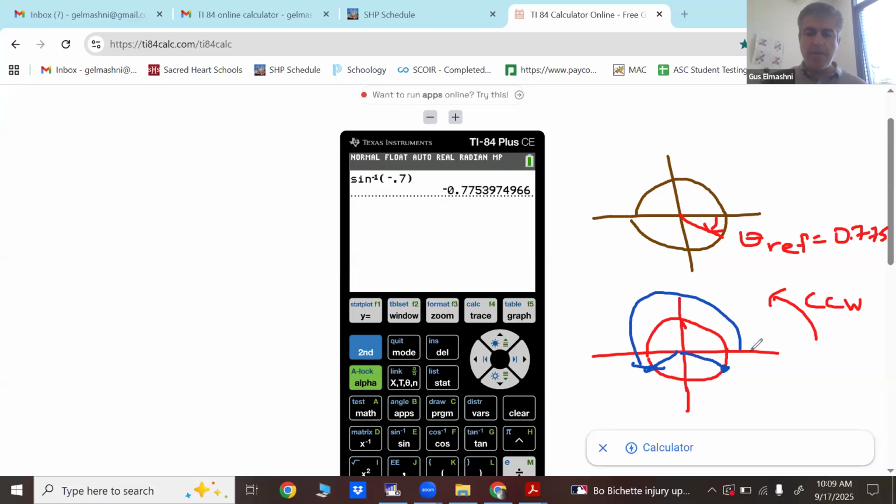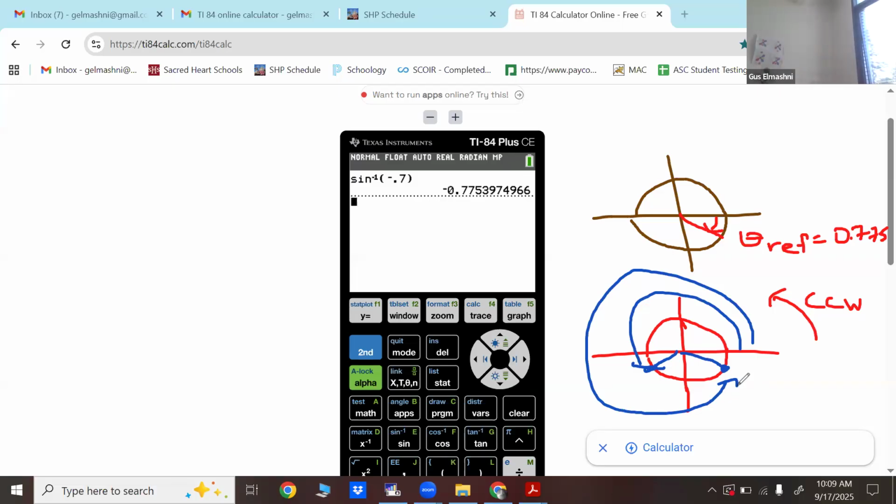Definitely here, and definitely here. Even though it says negative 0.775, that's my reference angle.